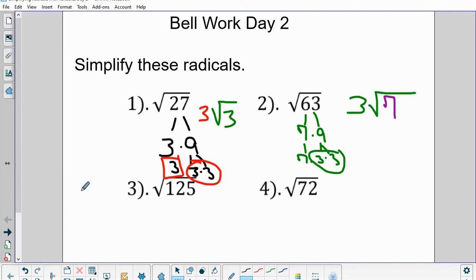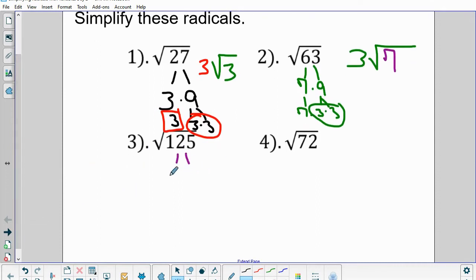All right, if we get down to 125, take that particular one, and you'll notice that you've got 5 times 25, which further breaks down into 5 times 5 times 5.